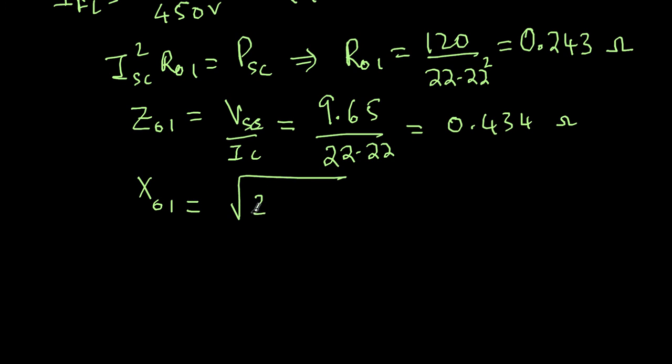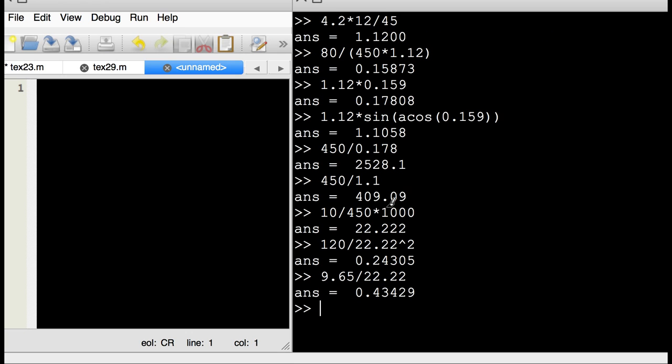X01 is nothing but the square root of Z01 squared minus R01 squared. So the square root of 0.434 squared minus 0.243 squared.